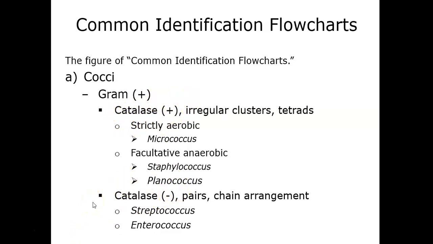Remember that catalase is an enzyme that breaks down toxic oxygen radicals into things like oxygen gas that are safe and non-toxic for microbes. If we have clusters, we always talk about the staph. If we're looking at chains of cocci, we're looking at things like Streptococcus or Enterococcus. So this flow chart is going to allow us to get to this minute detail.